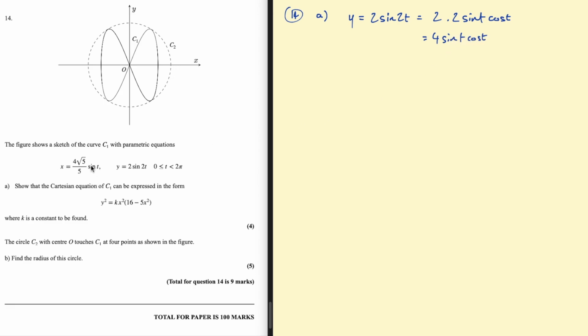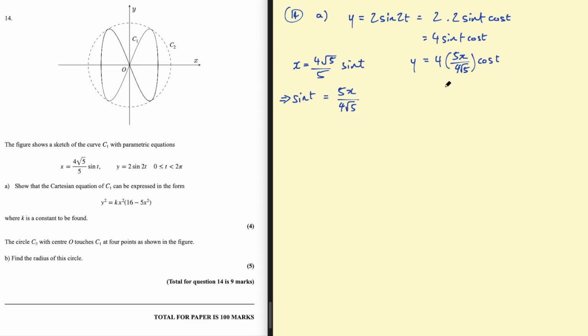Well, we can express sine t in terms of x pretty easily. So because x equals 4 root 5 on 5 sine t, we can rearrange this in terms of sine t. This would be sine t equal to 5x over 4 root 5. So we can substitute that for sine t. So this would be y equal to 4 times 5x over 4 root 5 cosine t.